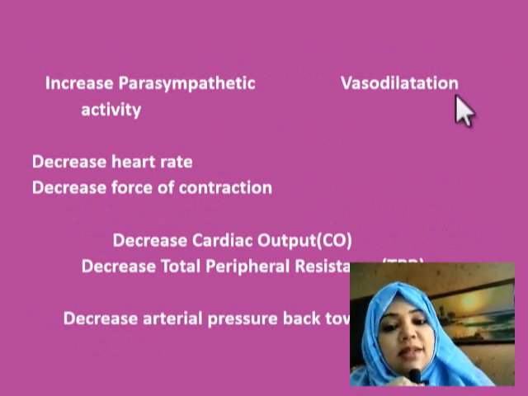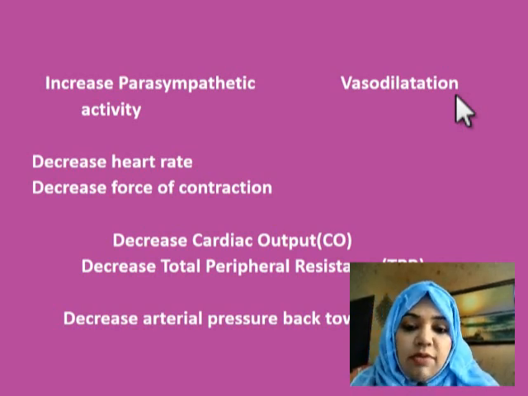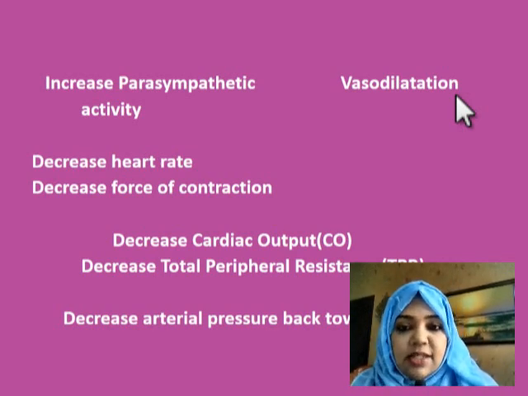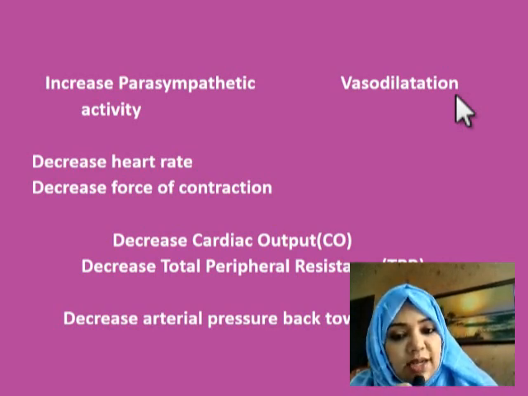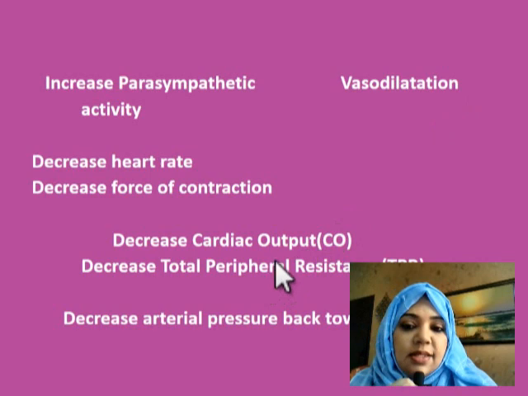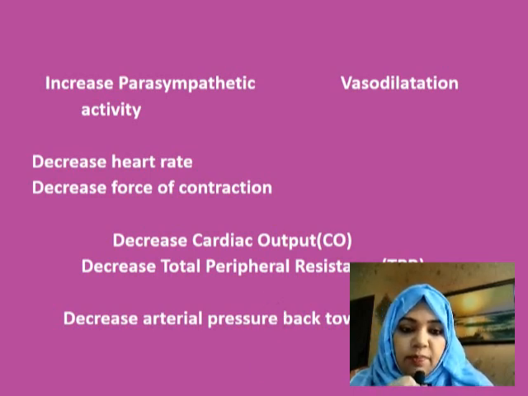If vasomotor center is stimulated, there will be vasoconstriction, and when vasomotor center is inhibited, there will be vasodilatation. So when there is vasodilatation, there will be decrease in the total peripheral resistance, and when there is decrease in cardiac output and decrease in total peripheral resistance, together these two will decrease the arterial pressure back to normal.